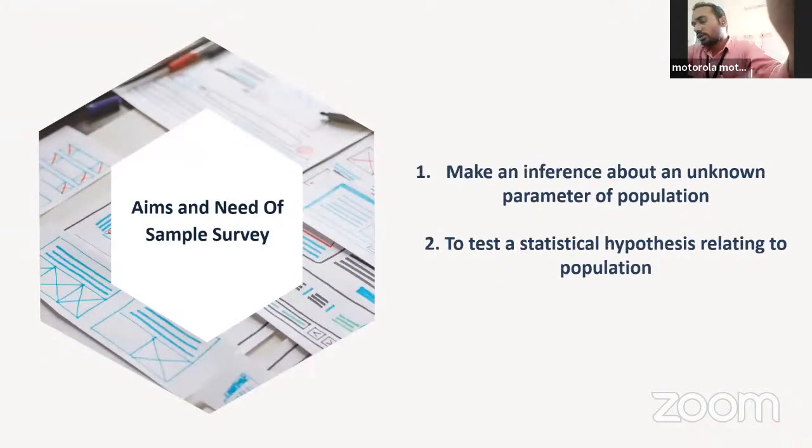Okay, so the question is, why are we doing a sample survey or sampling instead of studying the whole population? The aim and need of a sample survey is very simple. It will help us make inferences about the unknown parameters of the population, because our total research depends on our hypothesis, and we need to prove whether that hypothesis is correct or wrong.